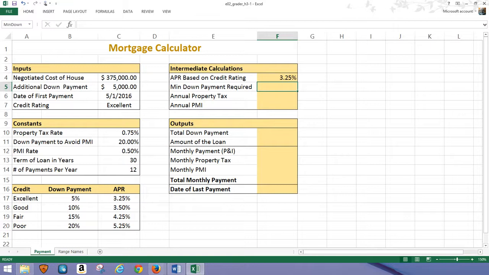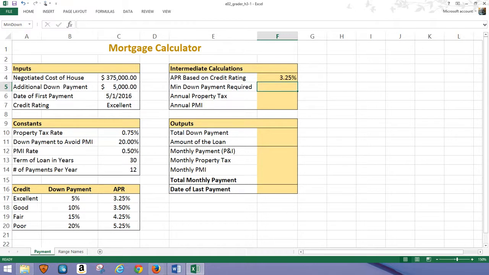Says step number 4. In cell F5, enter a lookup function and formula. So I have 2 things here. To calculate the minimum down payment required amount. Include the range lookup argument to ensure an exact match. Use range name for the first 2. So that's similar to what we just did in the function.